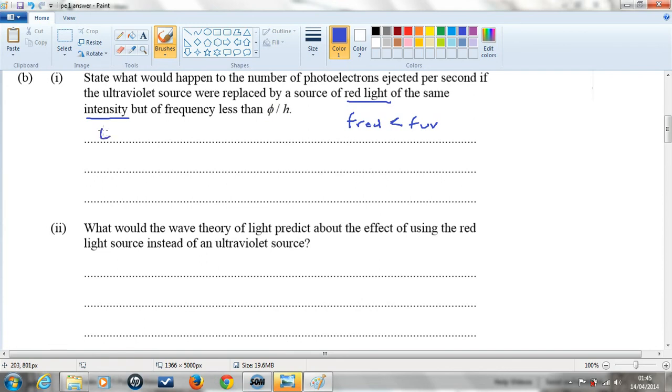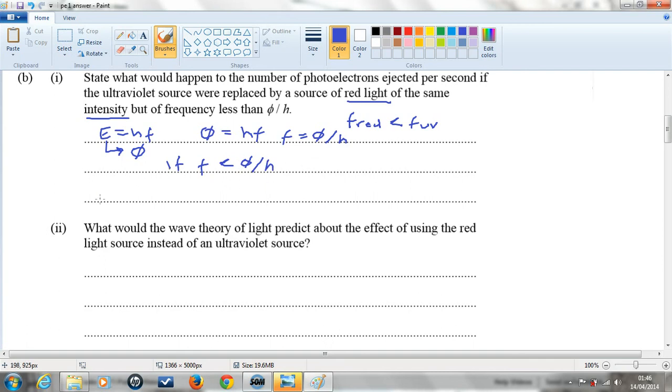And that's significant because from E equals HF, where F is our threshold frequency, if we're trying to state the situation where this is just going to happen, and if we say that E in that situation is the work function, we have work function equals HF, and so we can rearrange that to get that F is equal to the work function divided by H. So if the frequency of my incident photon is less than the work function divided by H, then I know that my photon isn't going to have enough energy to release a photoelectron.